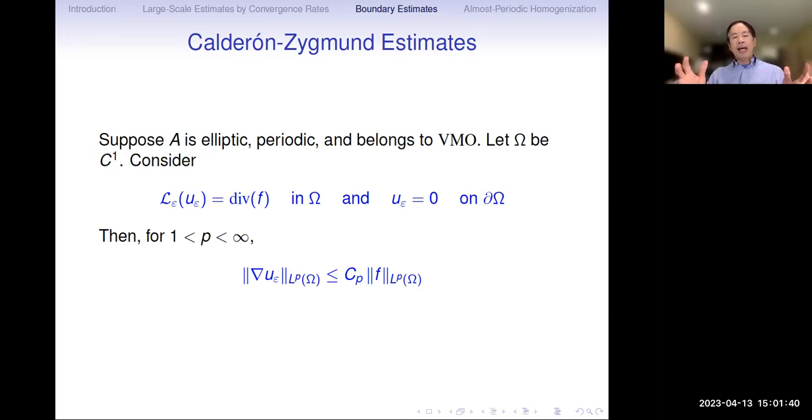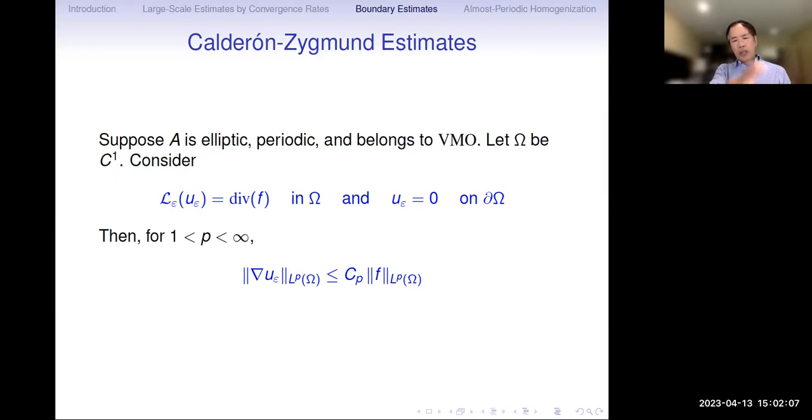If you multiply both sides of the equation by u epsilon and integrate by parts, you have an energy estimate. So the L2 norm of the gradient is bounded by a constant times the L2 norm of f, where f is the right hand side. So the question here is, can you have an L^p estimate for the gradient? That is actually the Calderón-Zygmund estimate.